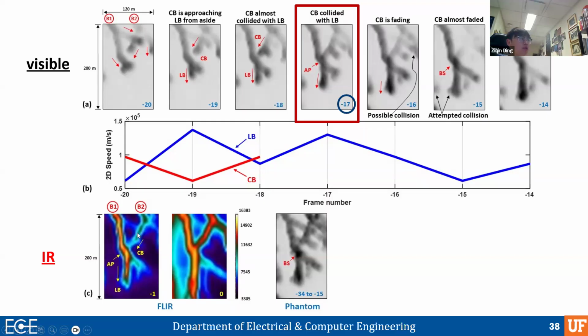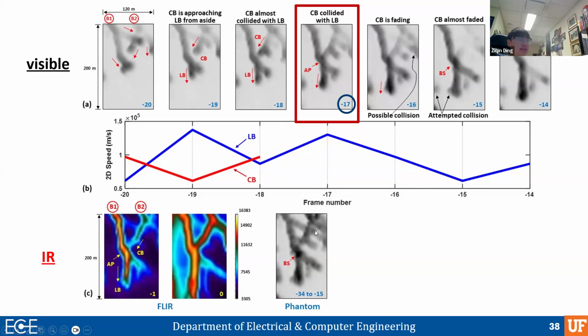In the infrared range, we see that here the chasing branch hasn't been connected, and in the next frame it's connected. So you can see there's a gradient in temperature between the leading branch and the chasing branch.